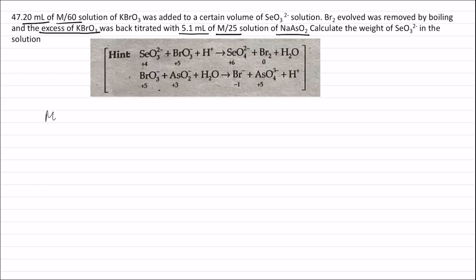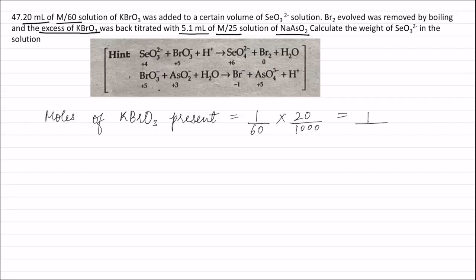Therefore, we can write moles of KBrO3 present is equal to molarity of KBrO3 solution, that is 1 by 60, into volume of KBrO3 solution in liters, that is 20 by 1000 liters, and this is equal to 1 by 3000 moles. Now in the first equation, the oxidation number of bromine changes from plus 5 to 0, and number of bromine atoms in BrO3⁻ is 1. Therefore, change in oxidation number is 5 and valency factor is 5.